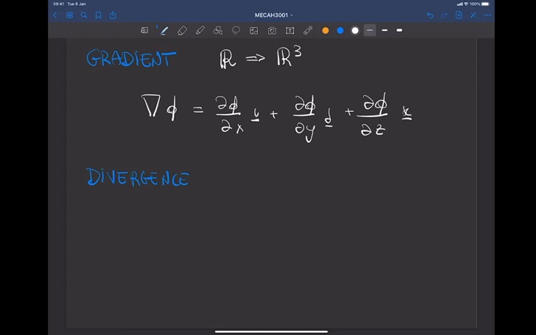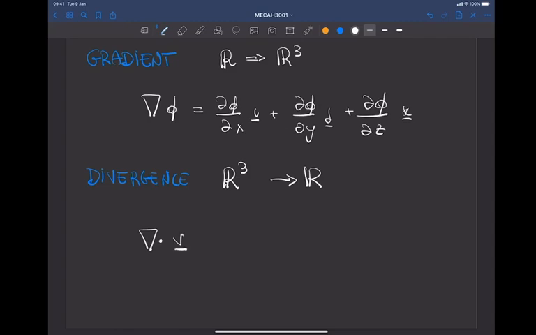What is also very interesting to use in our case is the divergence. The divergence is a vector operator, so it's applied on a vector and produces a scalar. So it's an operation in this case from R cubed to R. This will tell you if the flow has the tendency to converge or to diverge from a source. If you consider a vector field, typically you will consider the velocity field.